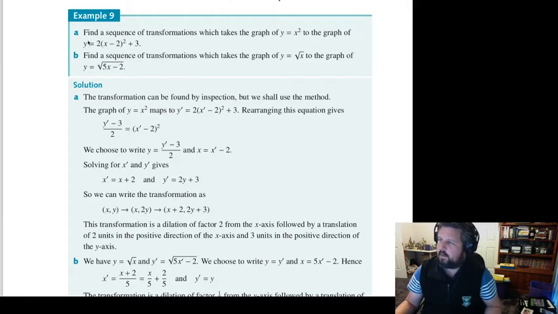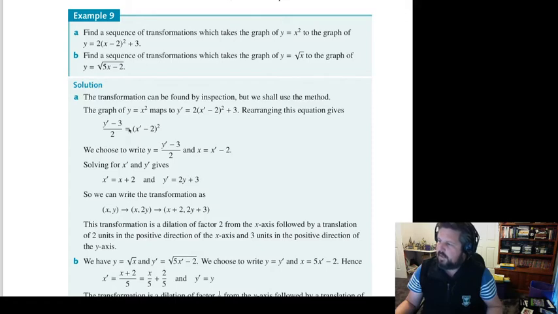So we're rewriting it out, y dashed, and we've got the x dashed here. Rearranging things, moving this 3 over to this side, dividing by 2, we end up with this here. You should be able to see that this side of the equation should match up with this here, so the y should be equal to y dash take away 3 over 2, and obviously the x here matches up to this part here, x dash take away 2.